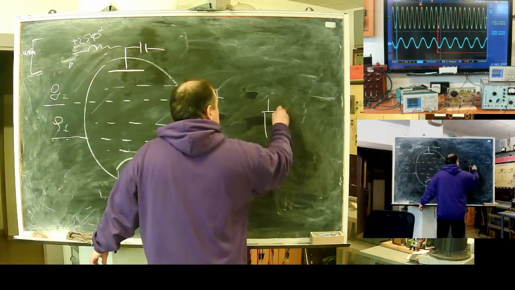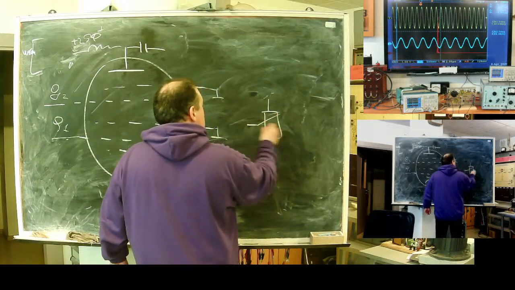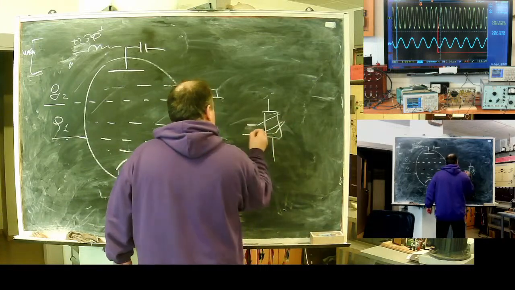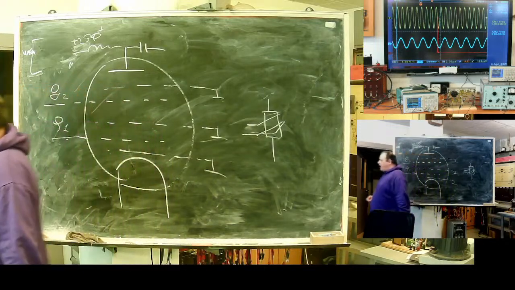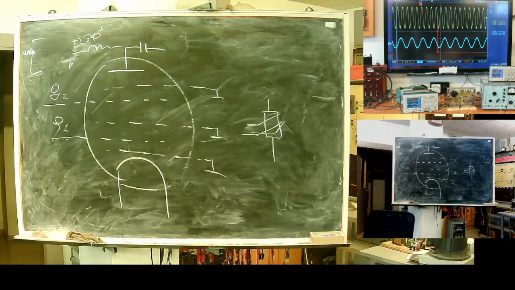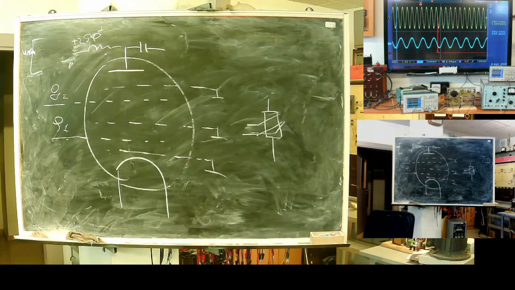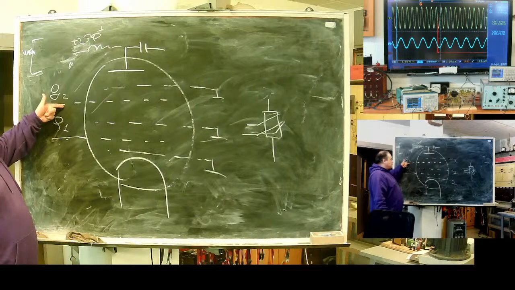It's also a variable resistance, but it has 2 control inputs. I can use it to mix 2 signals. I can put one signal here. I can put the 2nd signal here.